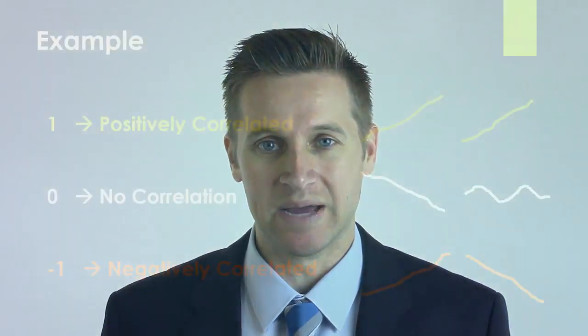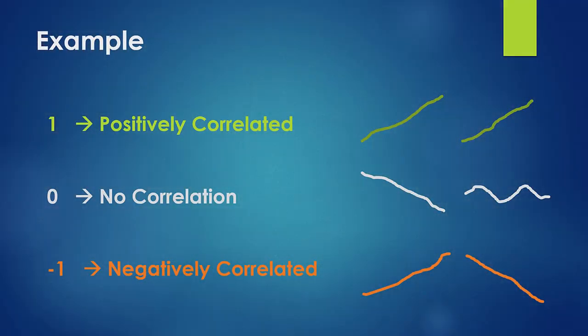Then let's talk about negative correlations. A negative correlation would mean that if one investment opportunity goes up, the other investment opportunity would go down. So they would move in opposite directions. The most famous example of this is the asset classes of stocks and bonds. Historically we see this trend over time that when stock prices go up, bond prices go down.